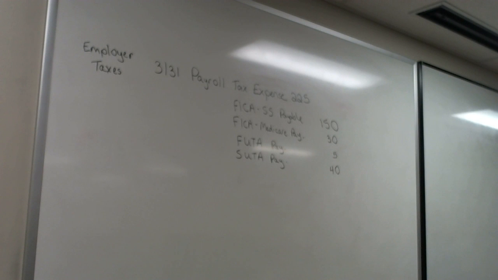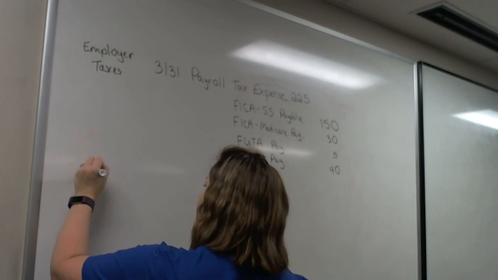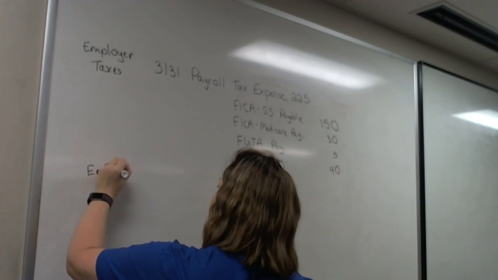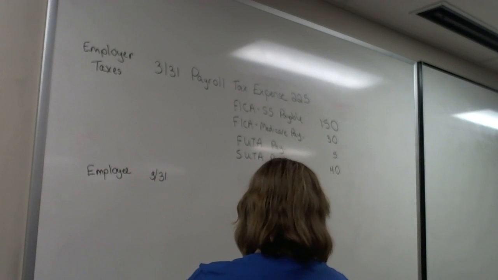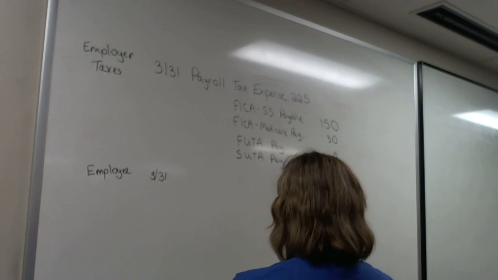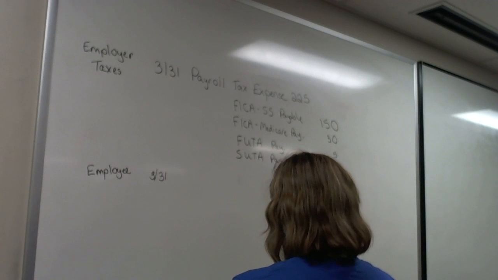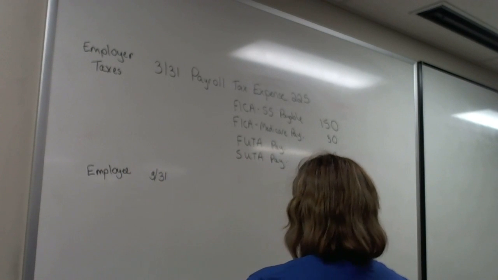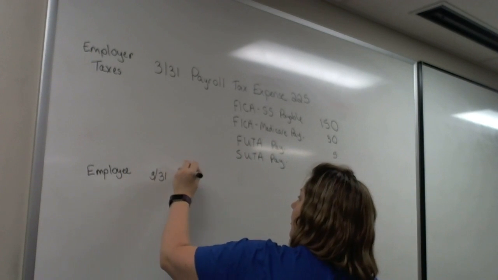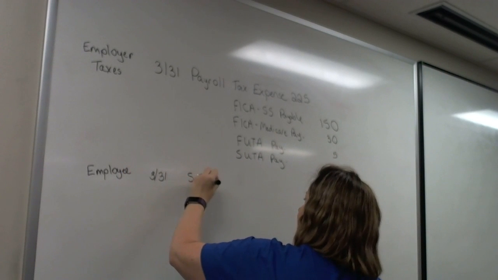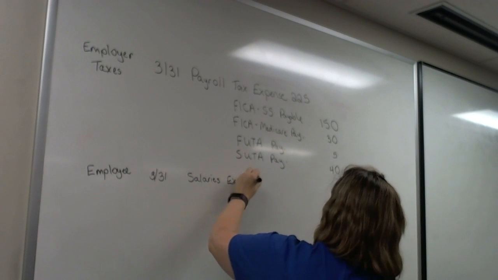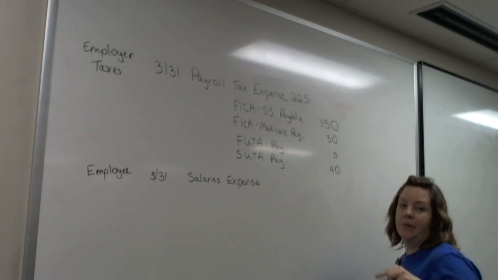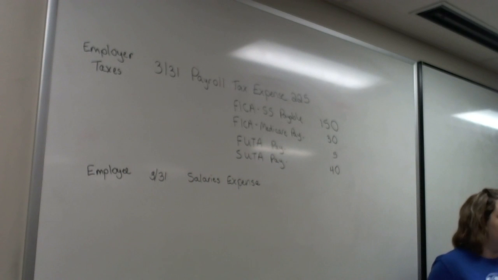On the employee side, okay, so we also have the employee. On that same day, we're going to debit salaries expense or wages expense or whatever they tell you for the employee's gross pay, okay?